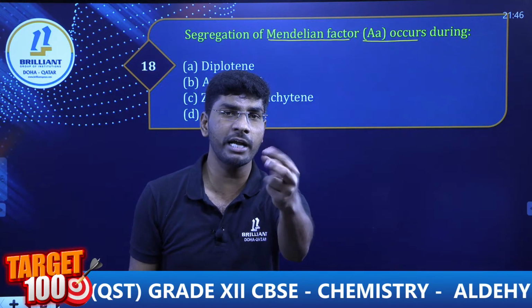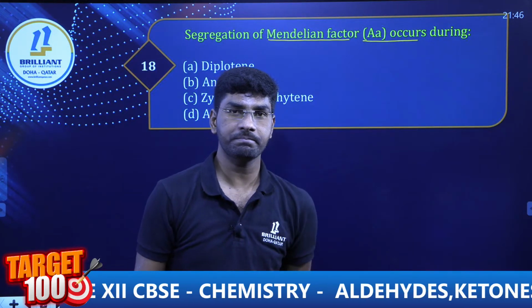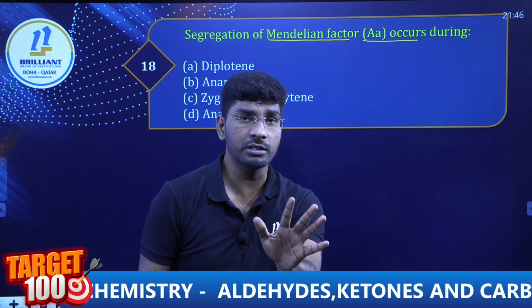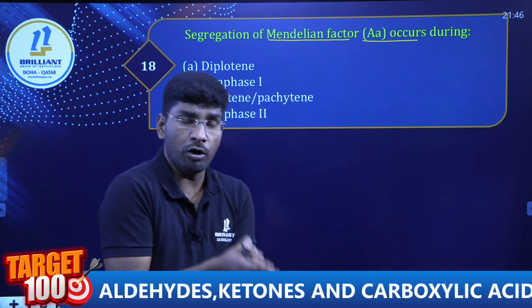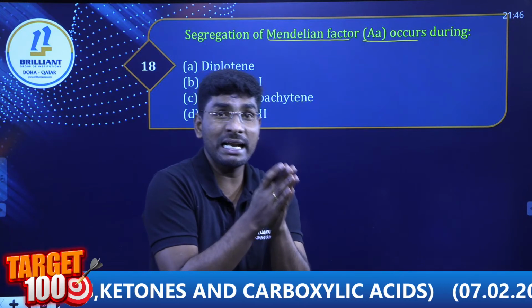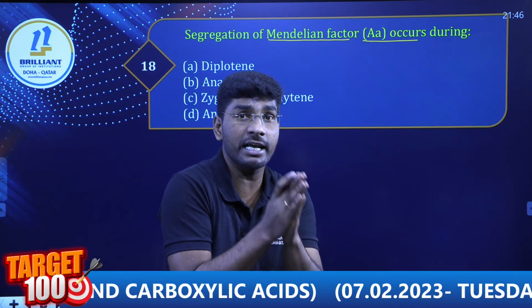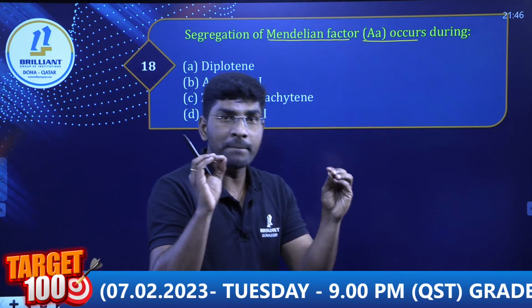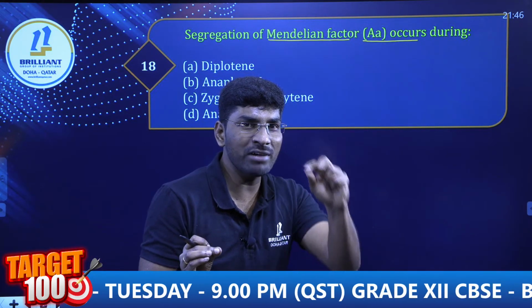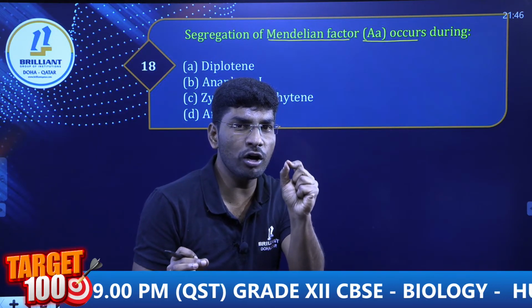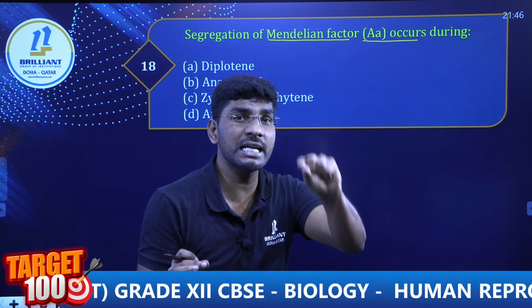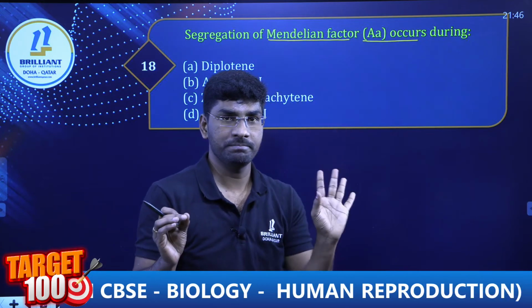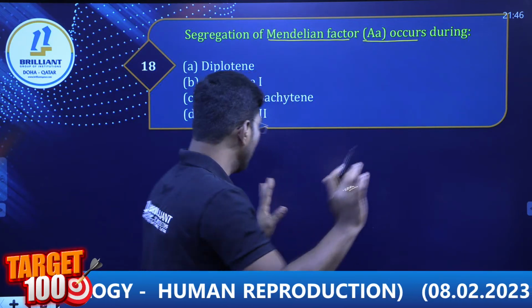Carefully, 1 minute, look at here and listen. This type of question, they can give Mendelian alleles or Mendelian factors or alleles, or you can also get homologous chromosomes. My dear students, if you have a little knowledge of the cell cycle, cell division, meiosis 1, look at here what I am writing.